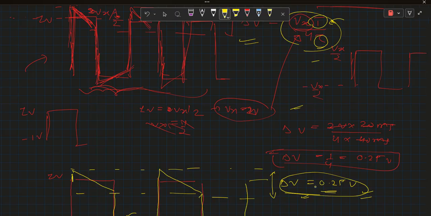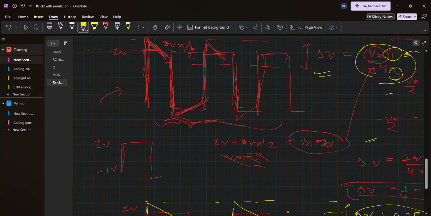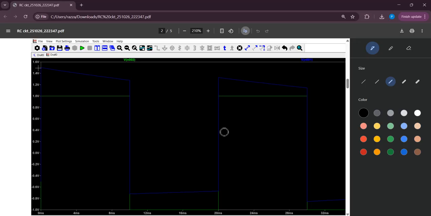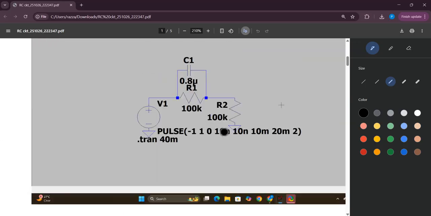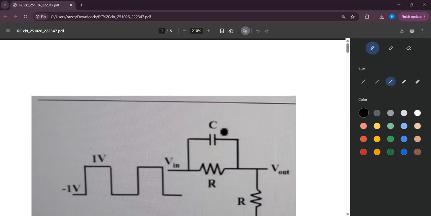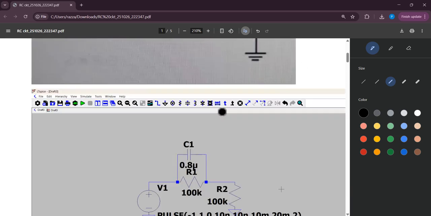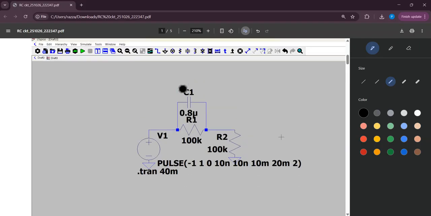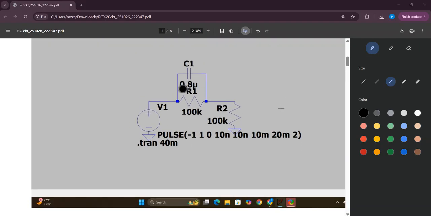Now for the simulation results part, we will verify our results with the simulation. So this is the circuit diagram, and this is the simulation part.